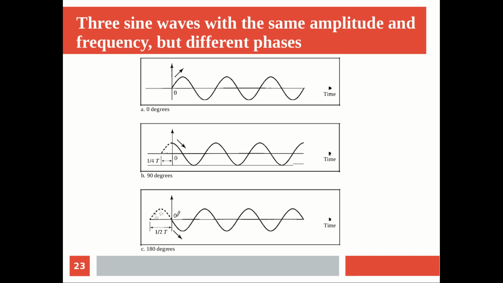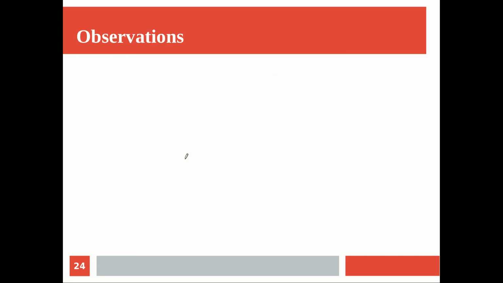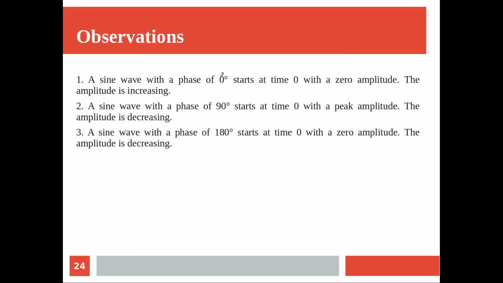Now what is happening for a 180 degree shifted signal? It is starting with 0 amplitude, but the amplitude keeps decreasing. Here, for 0 degrees, it is starting with 0, but the amplitude keeps increasing. So 0 degrees, 180 degrees. Here it is starting with the peak amplitude and it is decreasing. That is the first set of observations. A sine wave with a phase of 0 degrees starts at 0 with 0 amplitude, and the amplitude is increasing.